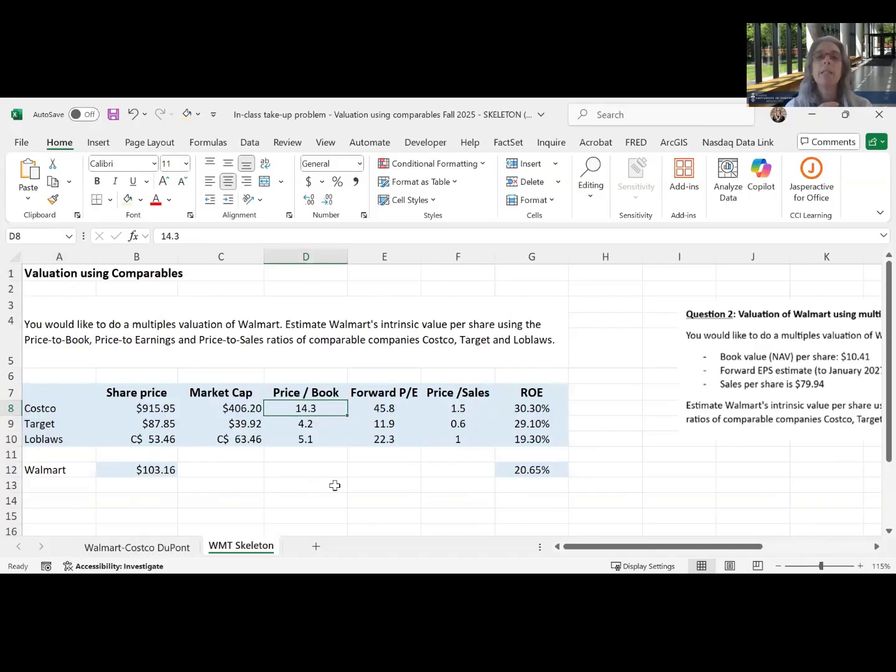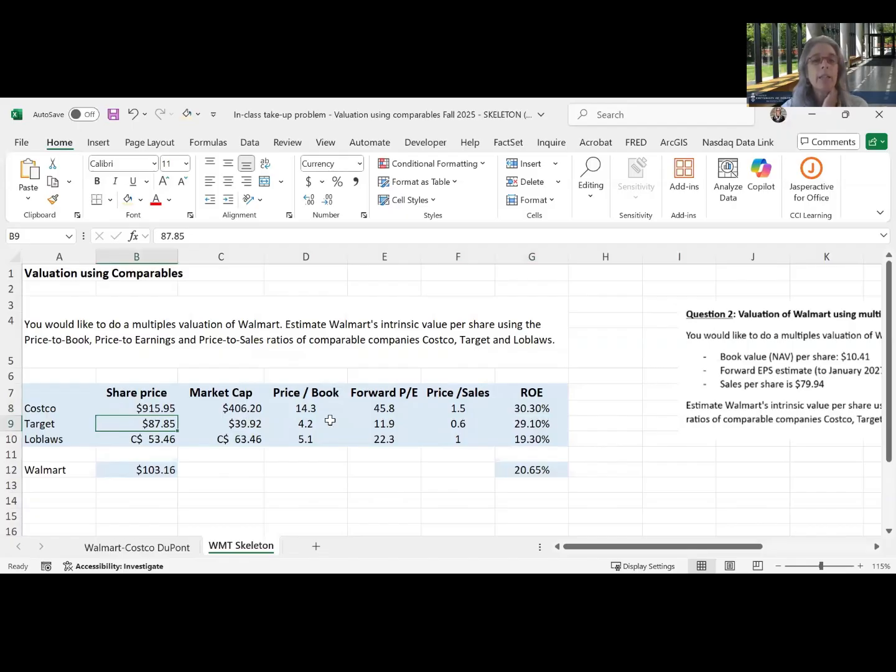Book value is the equity per share on its balance sheet. It is 45 times its earnings. And it's 1.5 times the sales per share.